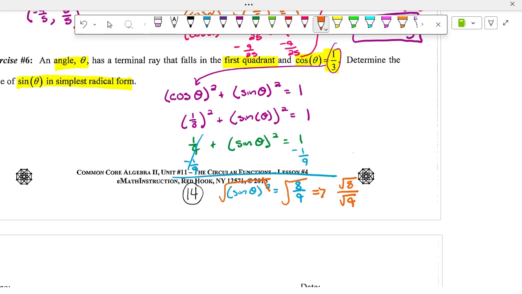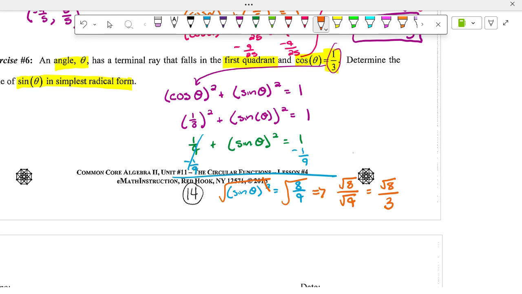It's the exact same thing. Those two expressions are equal. That's just a math rule that you can do. Now, we know the square root of 8 won't simplify, but what's the square root of 9? 3. So this is the square root of 8 over 3.